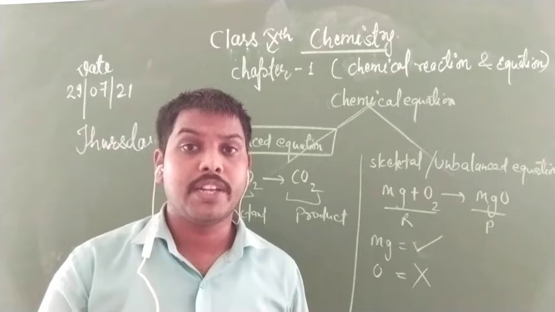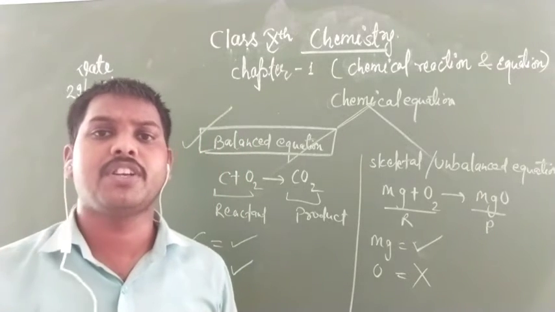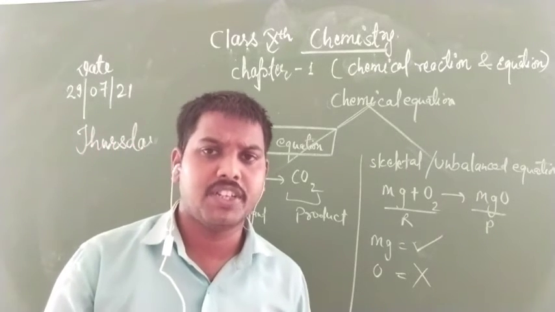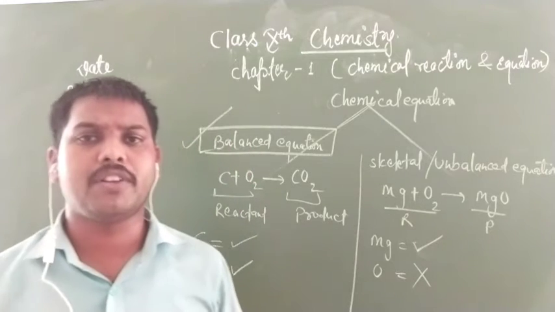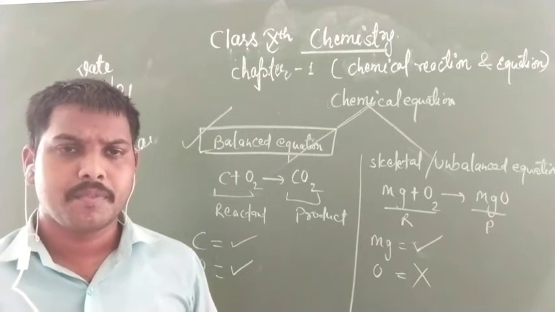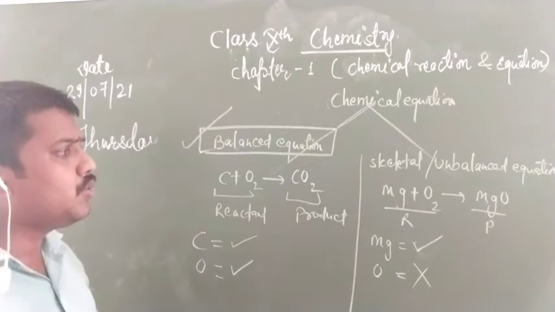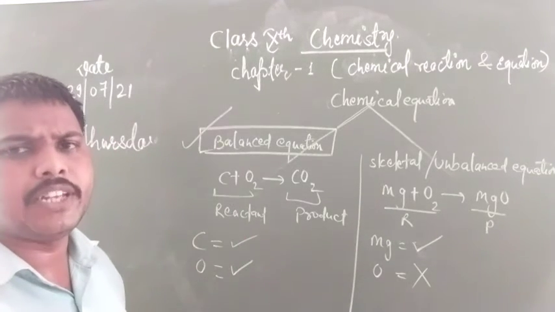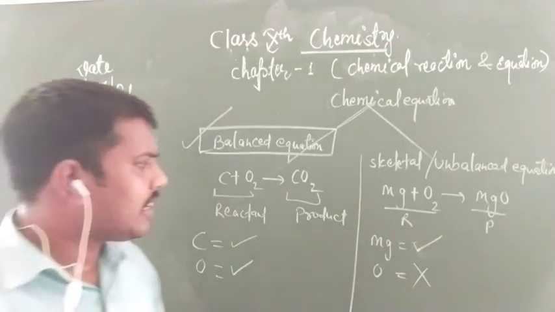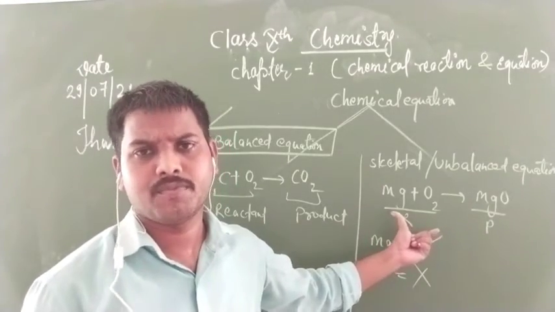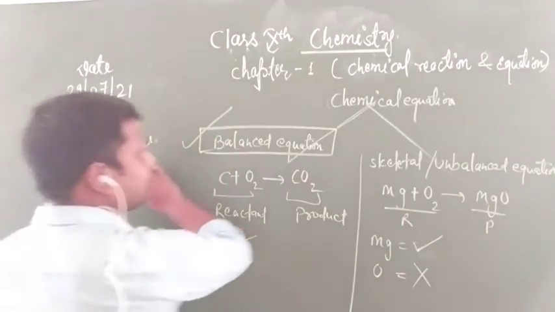Some time ago I told you that every chemical reaction made by nature is totally balanced. Now I am going to tell you what is the need for balancing equations. Can it be right or not? Okay, so now see children.